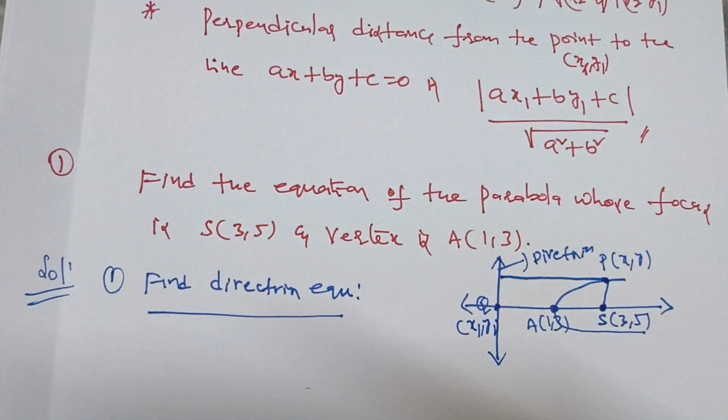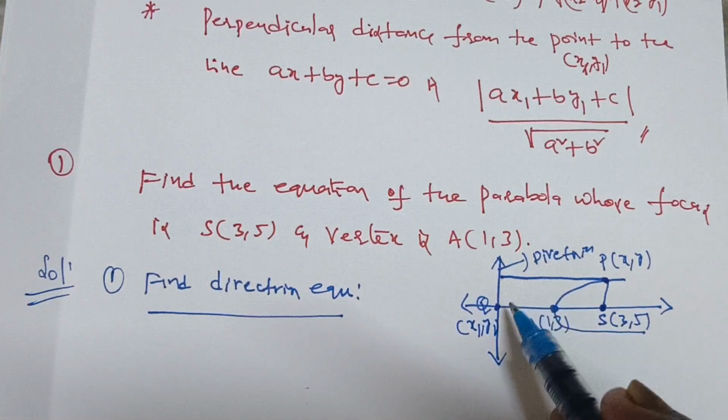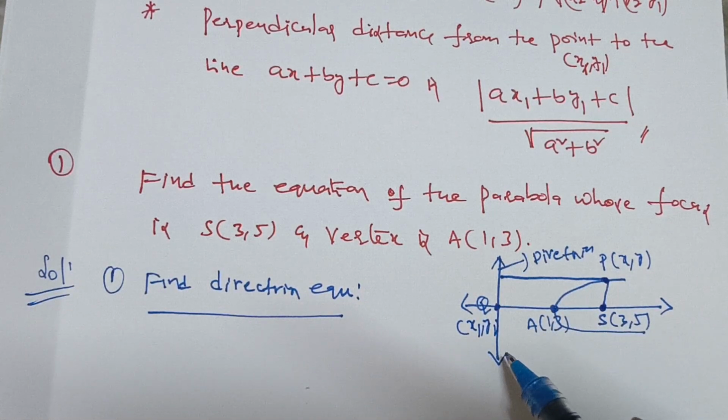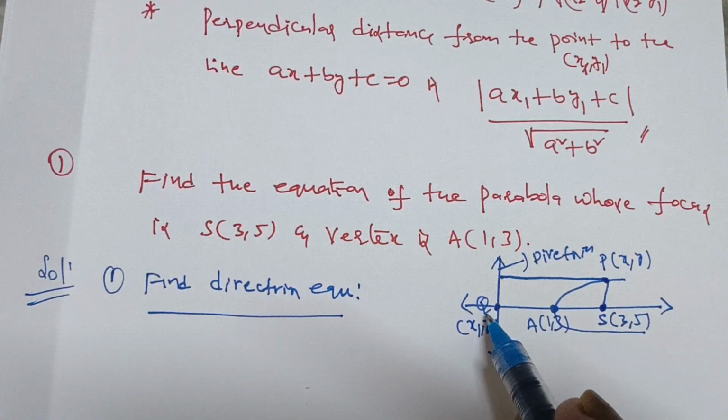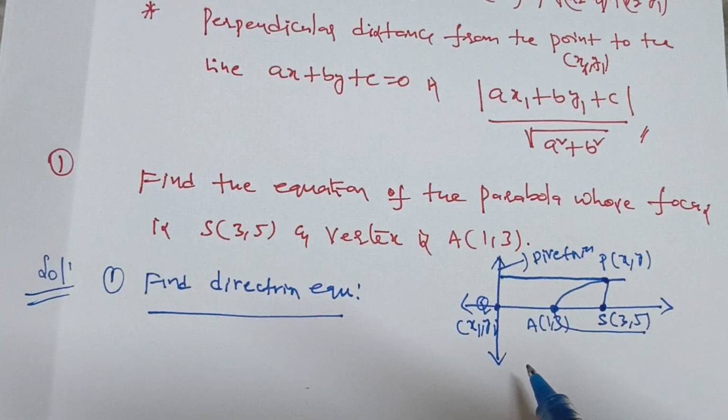So first of all, we find a point on the directrix. This Q is a point on the directrix.